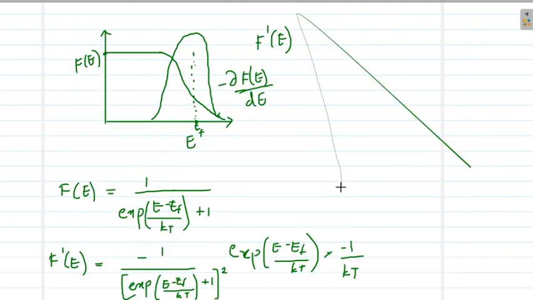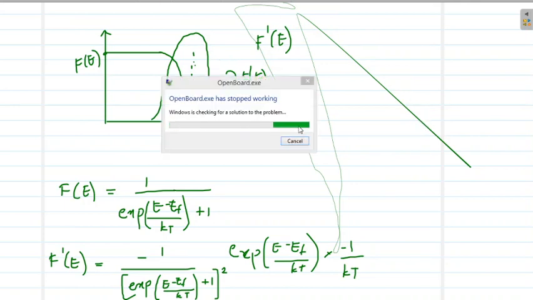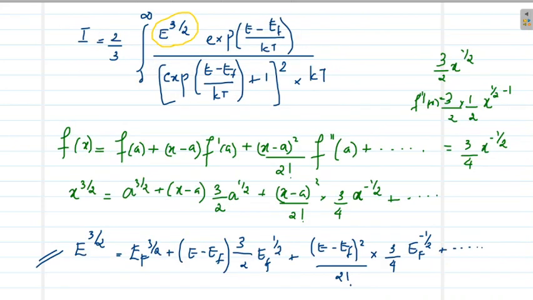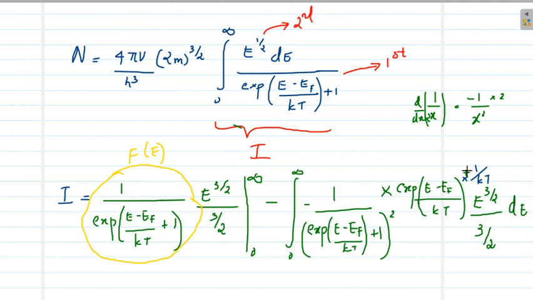So here again, this factor is 1 by kt itself, plus 1 by kt. No change in the previous equation also. This is also 1 by kt.